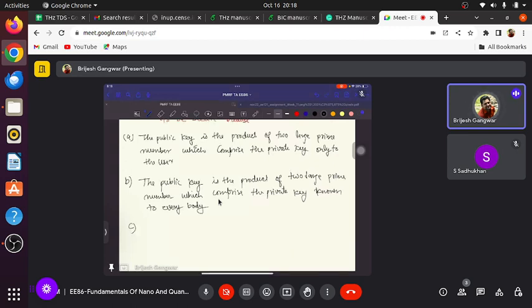C is the time taken to find the prime factor of a large integer decreases exponentially with the number of digits.